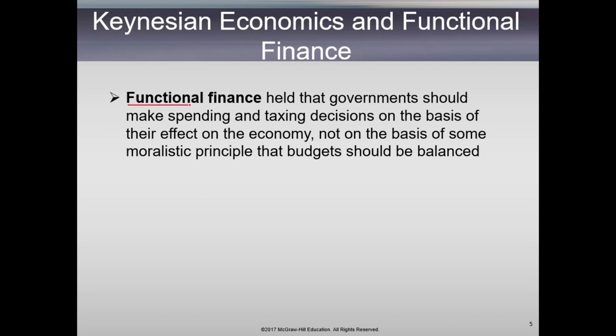Functional finance, on the other hand, is a view that really came out of Keynesian economics and the Great Depression. It was felt, first of all, during the Great Depression, that different types of public works programs and government spending might put people back to work and make people more optimistic about their own economic situation.